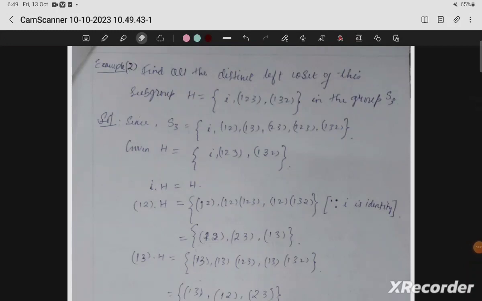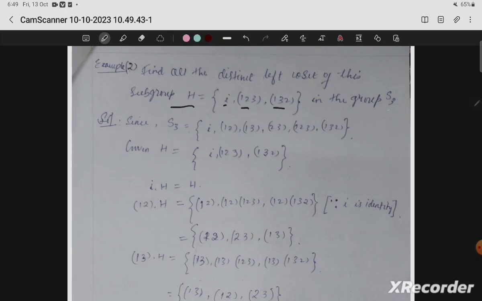Now the next question is: find all the distinct left cosets of subgroup H given by I, (1 2 3), (1 3 2) in the group S3.